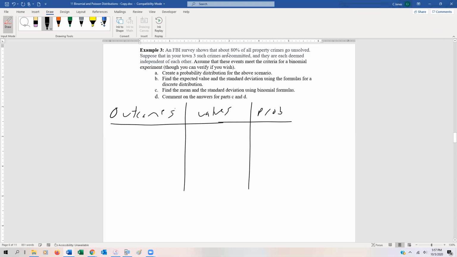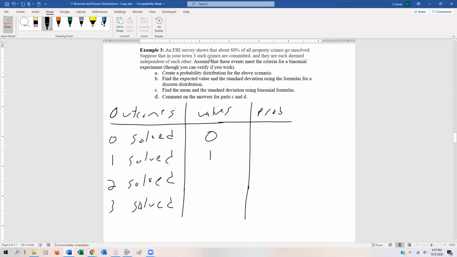So the 4 possible outcomes is that, well, we can go ahead and solve 0 crimes. And then we could have 1 solved crime. We could have 2 solved crimes. And we could have all 3 of the crimes solved, right? And the values would be 0, 1, 2, and 3.